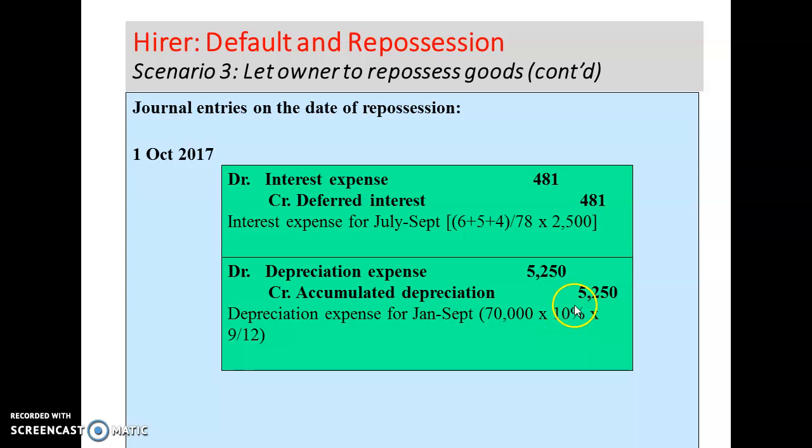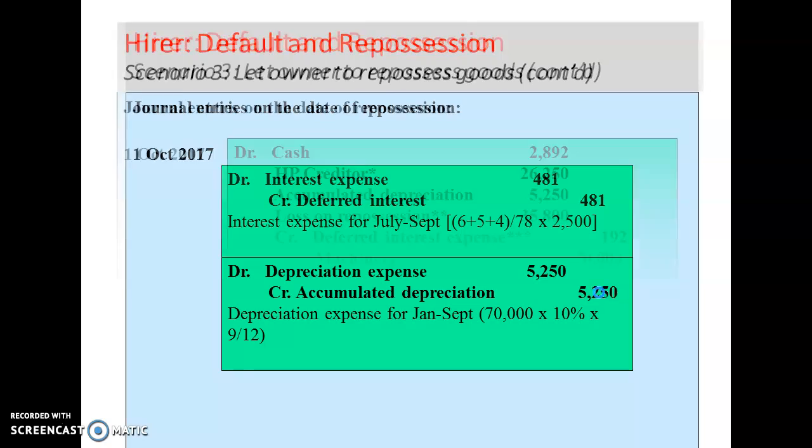Based on the useful life, make sure you apportion it for 9 months only, because this is from January until September, so 9 months out of 12 months. So the depreciation is 5,250, right? So you know that up to now the accumulated depreciation is 5,250.